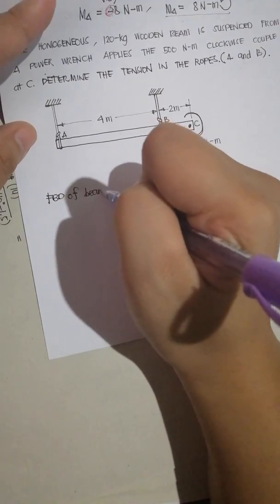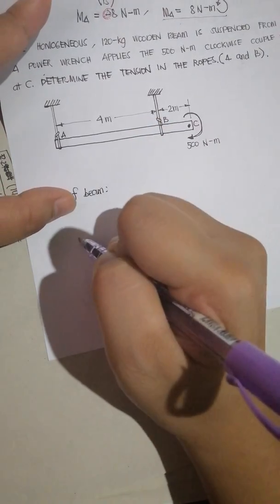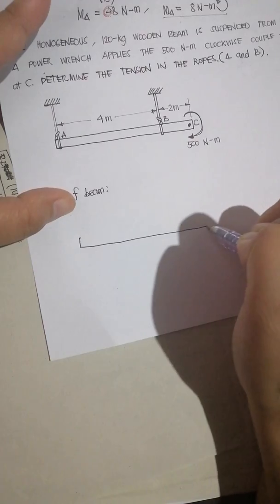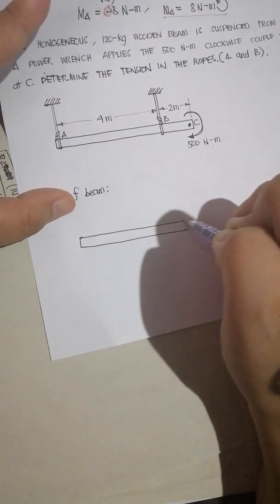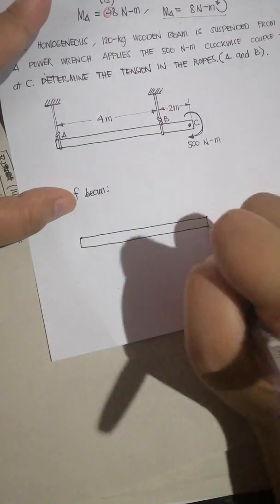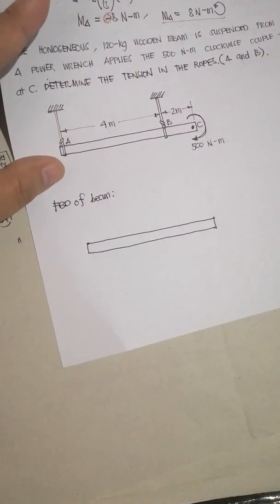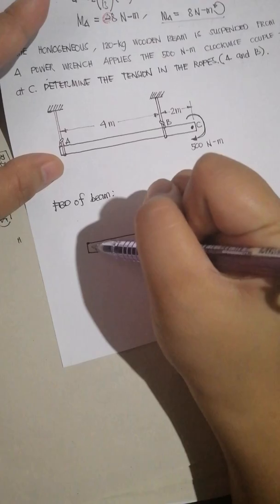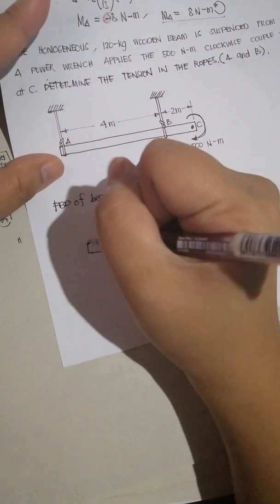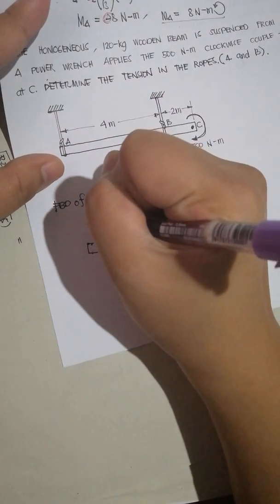Just draw the beam and then replace all of the supports with the support reactions. Since at this point there is a cable or rope attached, there is a tension here.